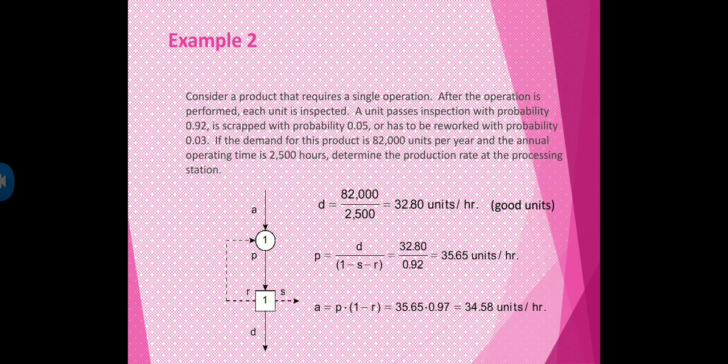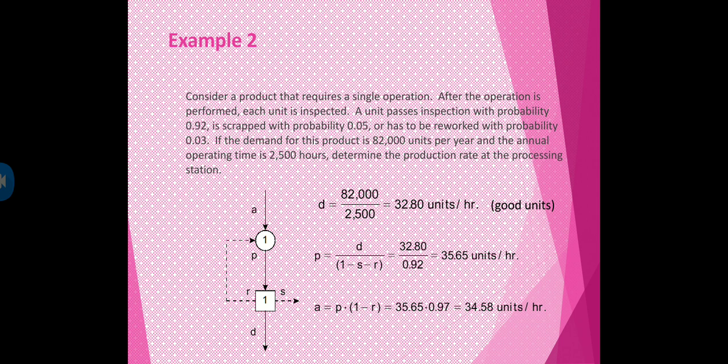Before calculating the processing station rate, we calculate the value of D. D depends on our demand units per year, as well as on the annual operating time. So when we divide 82,000 by 2500, we obtain the good units, 32.8 units per hour.